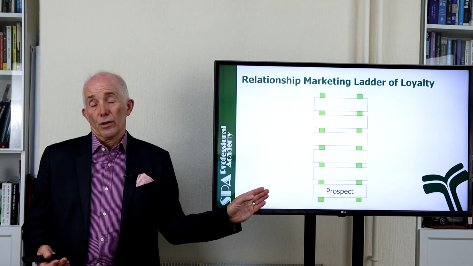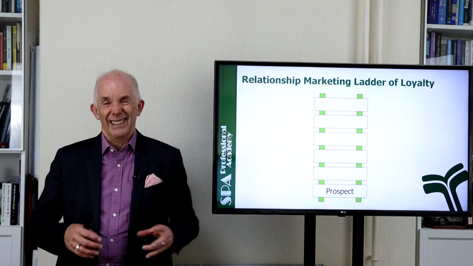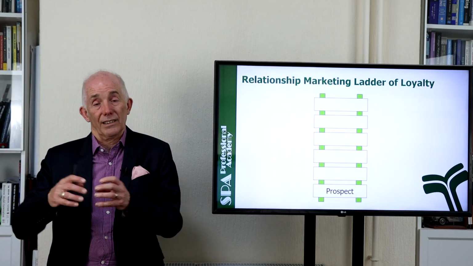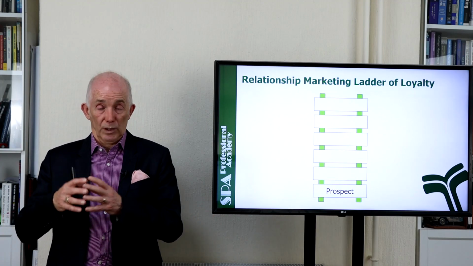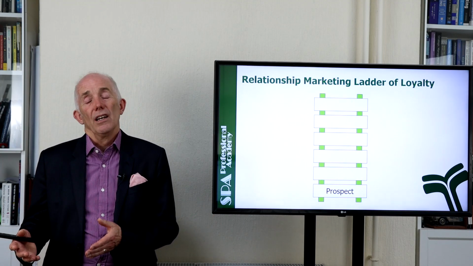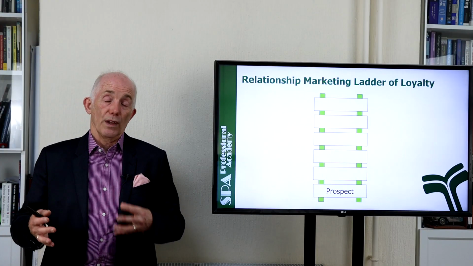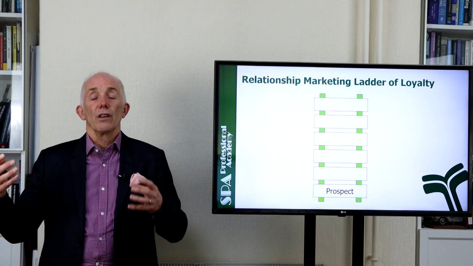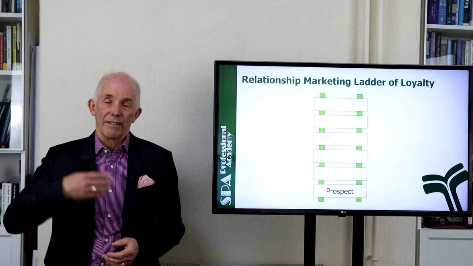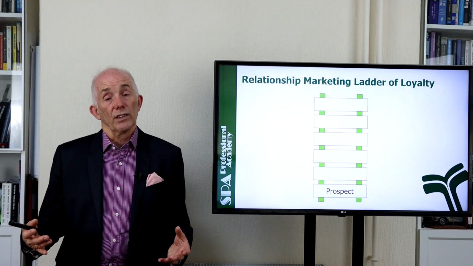We could be talking here about people that have inquired of us, and that's typically when an organisation might classify an individual or an organisation specifically as a prospect. But actually we could be talking a bit more broadly in terms of that category of people, organisations that could be customers. They're a prospect for us for the future, but they've not actually ever transacted with us at that stage.